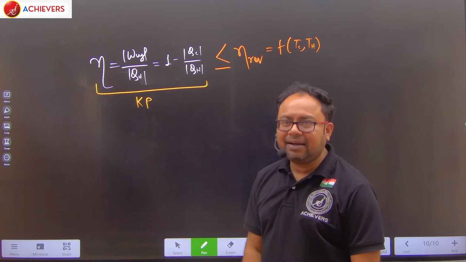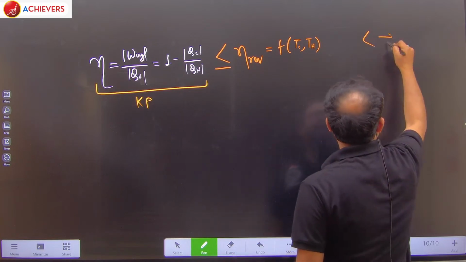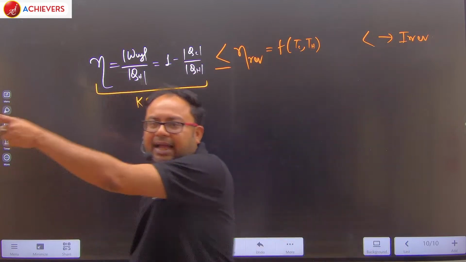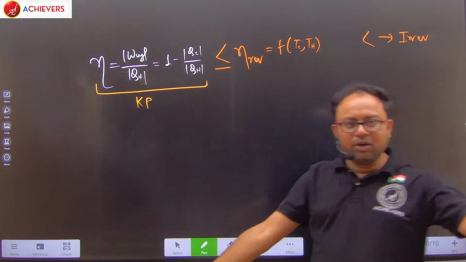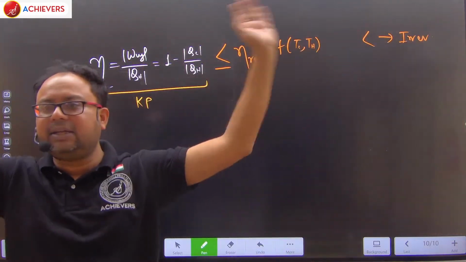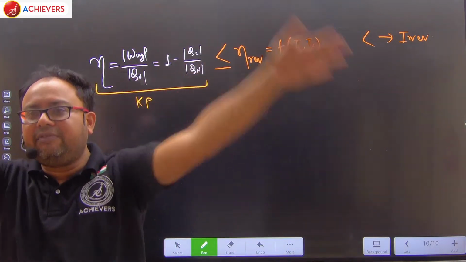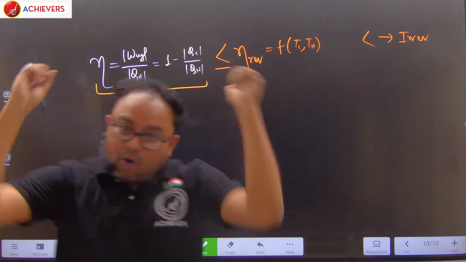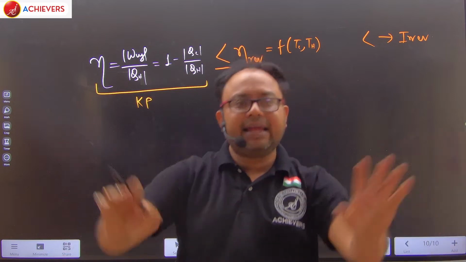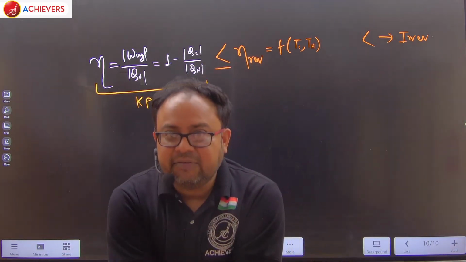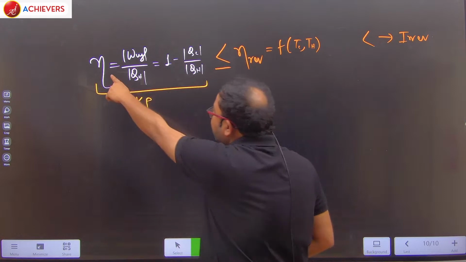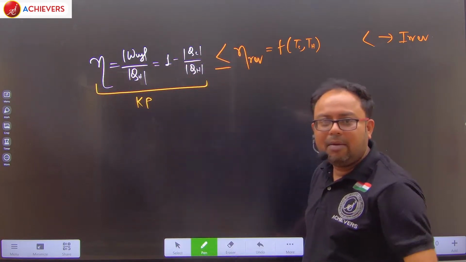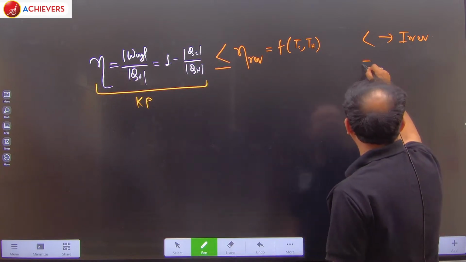When it is less than, the process is irreversible, because any irreversible heat engine is always less efficient than a reversible heat engine. But if it is reversible, then the sign is equal.